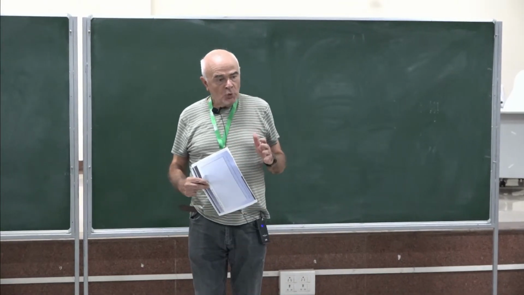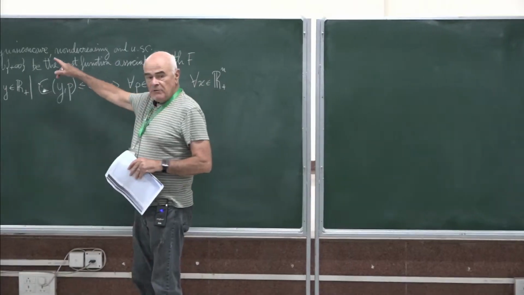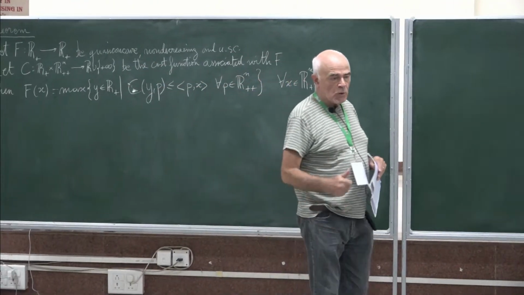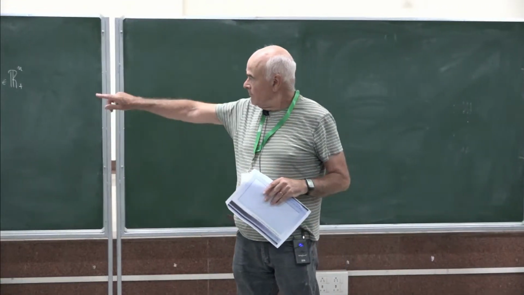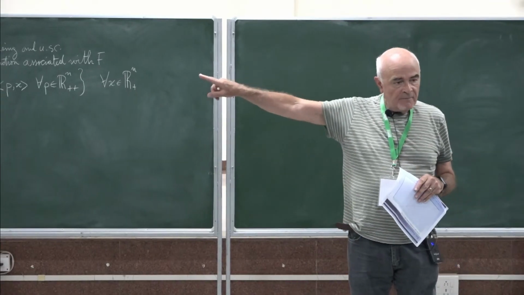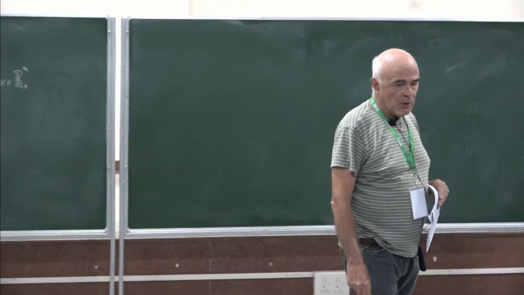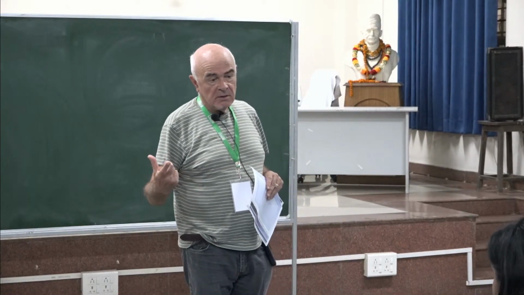This is true always. But now we are saying more: if the original production function is quasi-concave, non-decreasing, and upper semi-continuous, this formula that we applied yesterday will give you exactly the original production function. And this is what happened yesterday with the Cobb Douglas example.